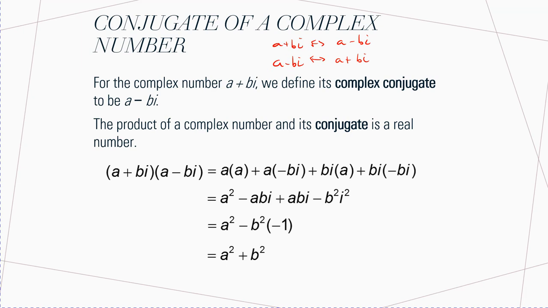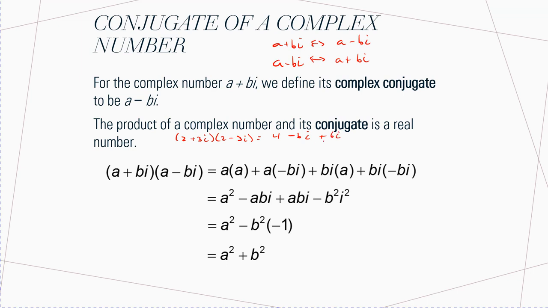So it turns out when you take the product of a conjugate, it ends up just being a real number. So if you take 2 plus 3i and multiply it by 2 minus 3i. 2 times 2 gets me 4. 2 times minus 3i gets me minus 6i. 3i times 2 gives me plus 6i.